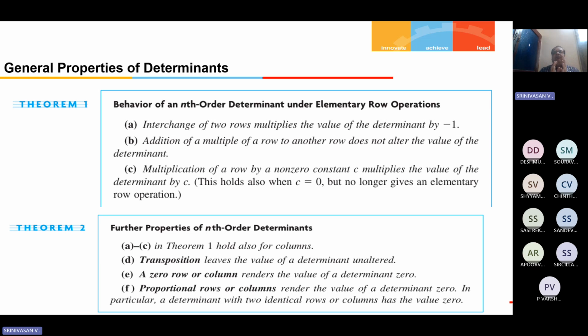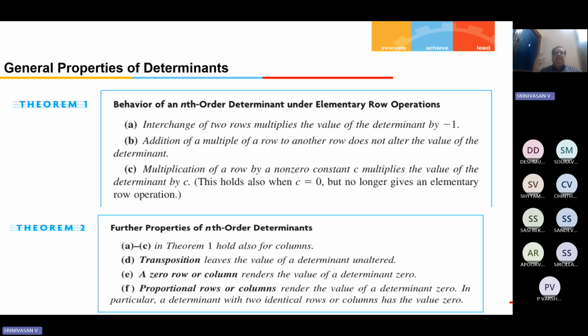Suppose the value of a determinant is, say, 8. You interchange any two rows or any two columns. I don't need to repeat every time: whenever we talk about any property for rows, it is true for columns too, but not simultaneously. Either rows or columns. So if you interchange any two rows, its determinant value will change.